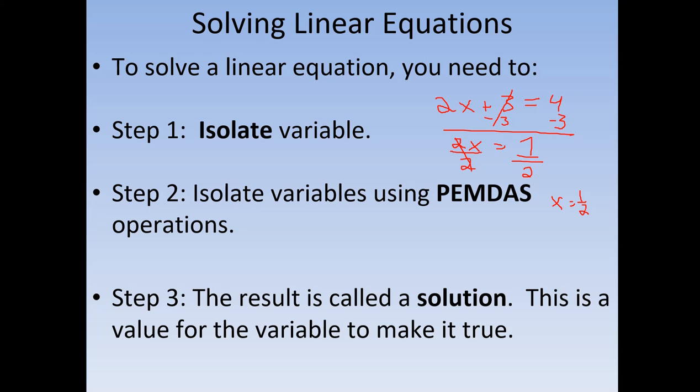This is so that if we take this number and we plug it back into the original equation, we get a true statement, which if you do plug this in, 2 times 1 half plus 3, plug that into the calculator, you do see that it's 4. Now, one thing to note, because these linear equations, there's only one x and the power is 1, we only get one possible solution.